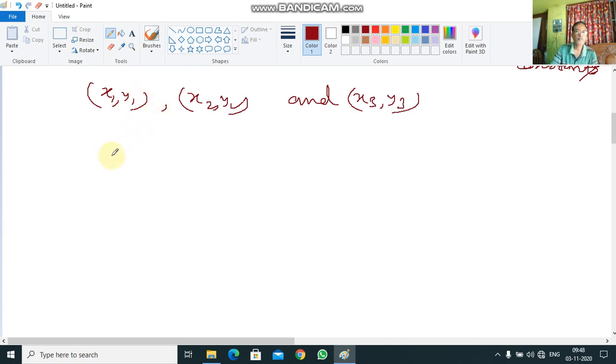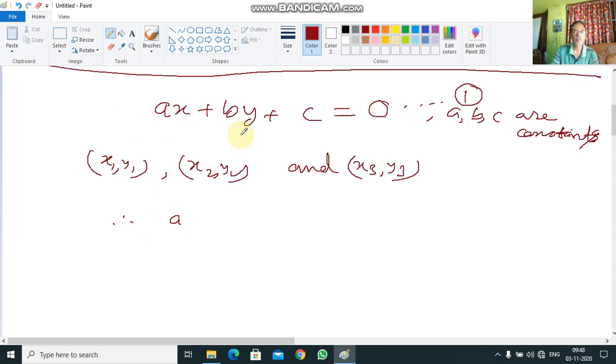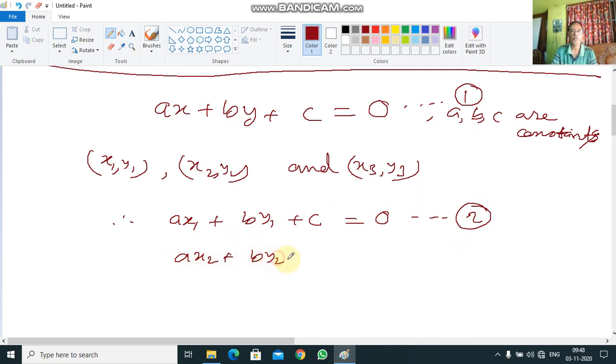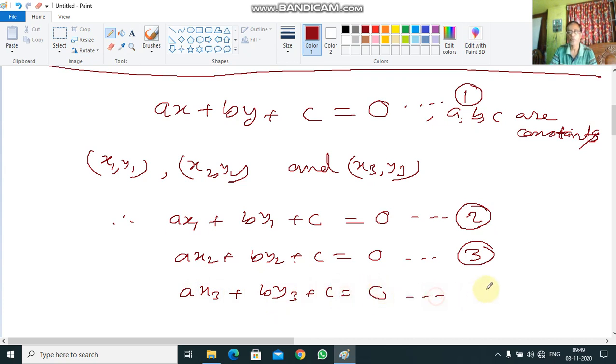Therefore, ax1 plus by1 plus c is equal to 0. This is 2. ax2 plus by2 plus c is equal to 0. ax3 plus by3 plus c is equal to 0.